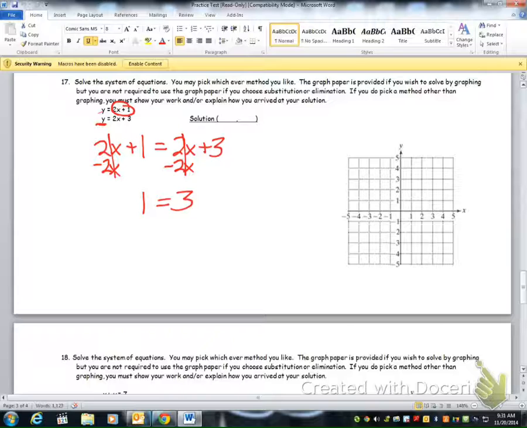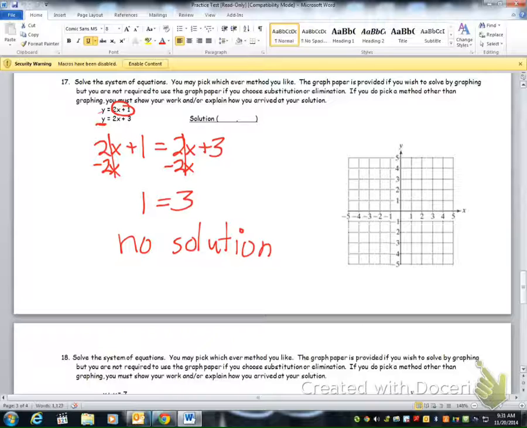They're never going to be the same thing, right? So that's why this has no solution. And again, we didn't go over these specifically, but this is exactly like what we did in that section on variables on both sides.